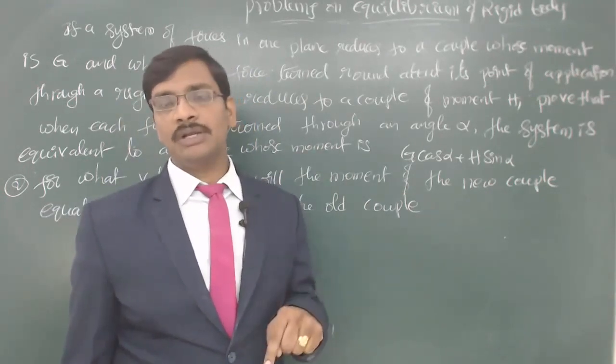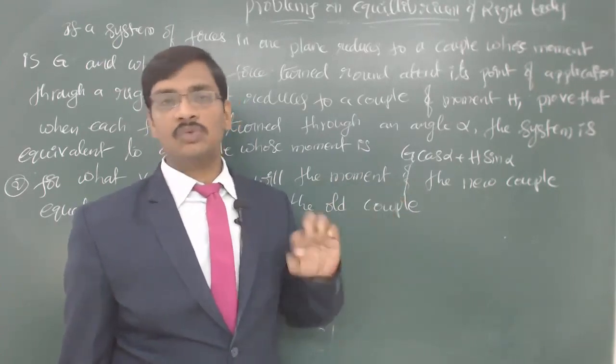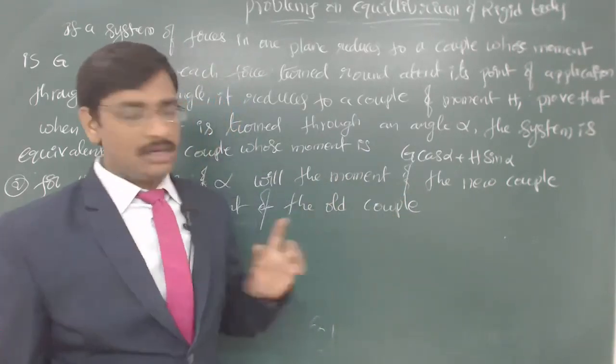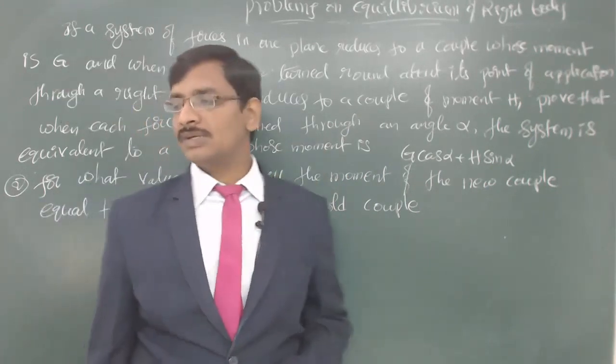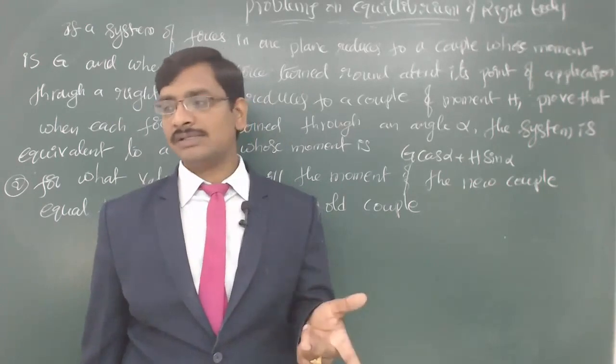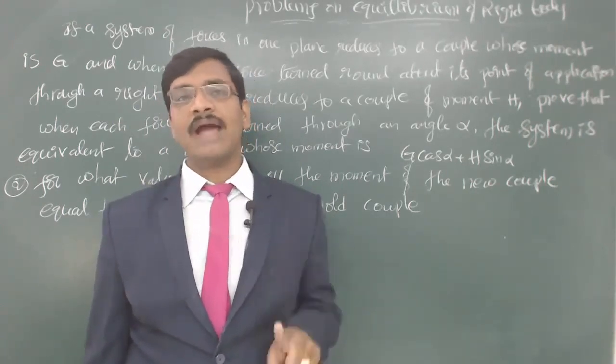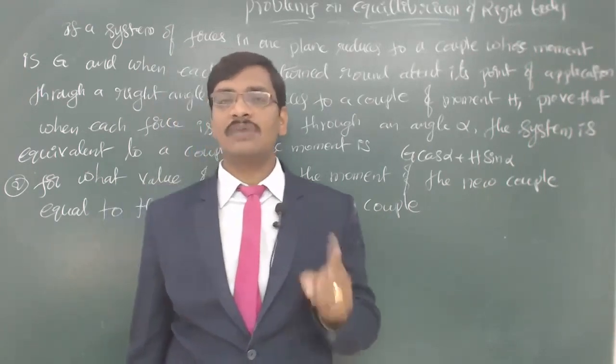One force is the force acting at the origin, which is randomly chosen. So if there are n forces, they result into a single force acting at a randomly chosen location along with a couple.